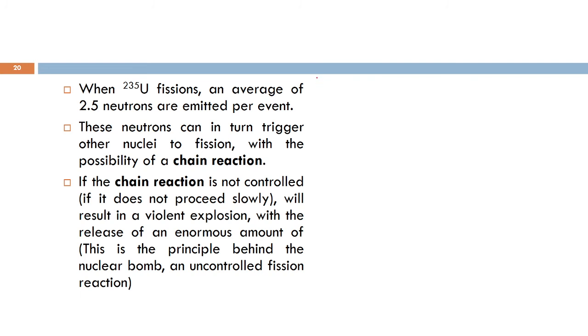Some textbooks or references will conclude that the fission releases 2 to 3 neutrons, and some conclude that it is 2.5 neutrons per fission. This product neutron will trigger another fission, which means that a chain reaction would occur.